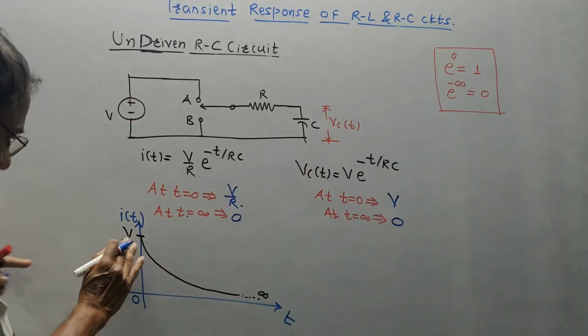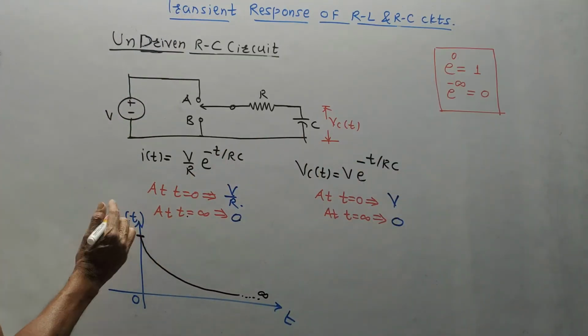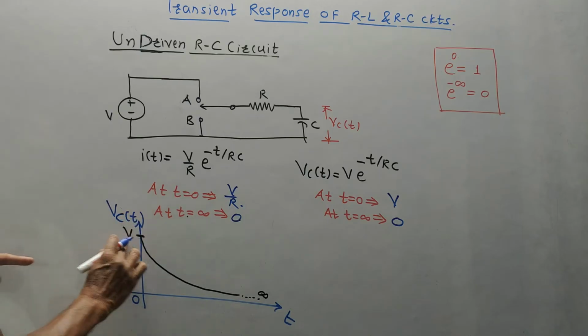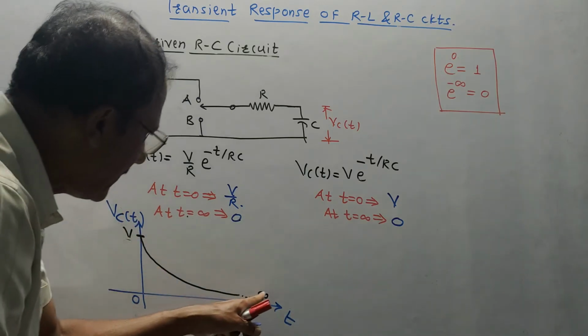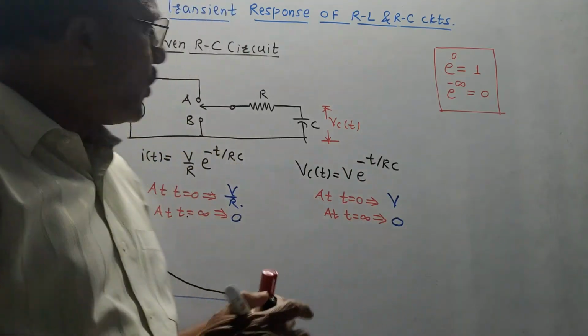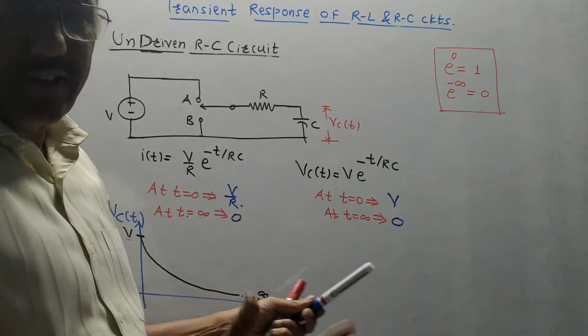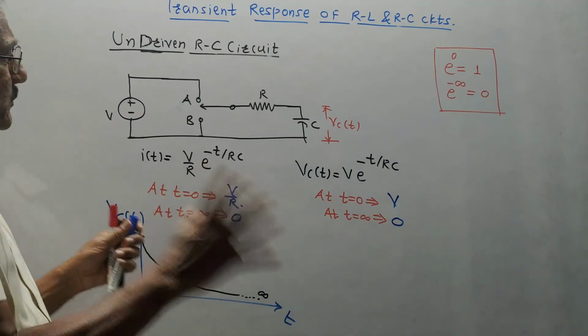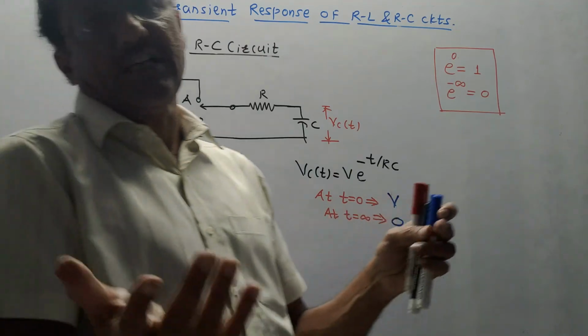The nature of the graph will be the same, only the values will be changed. Here I will write Vc of t. At 0, the value is V, at infinity it becomes 0. So this is the way how you can plot the different graphs as far as these RL and RC circuits are concerned.